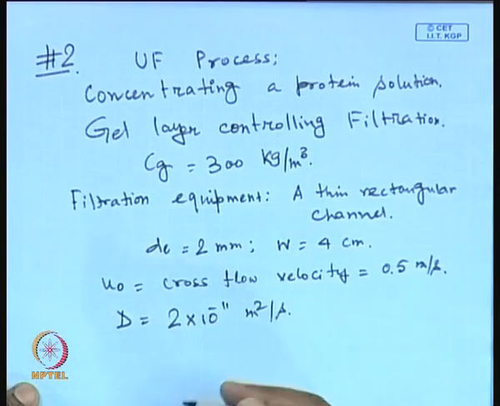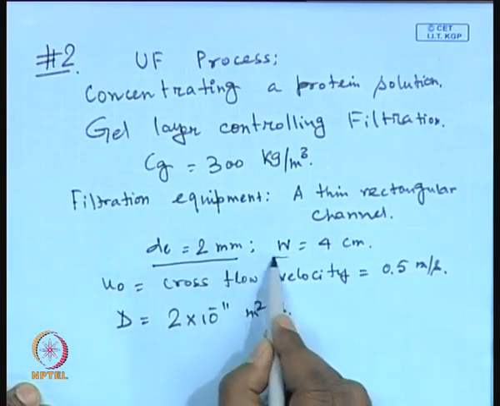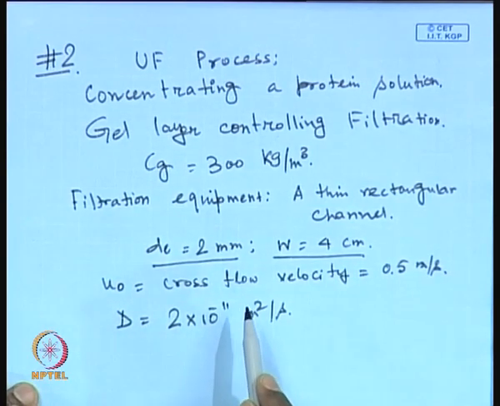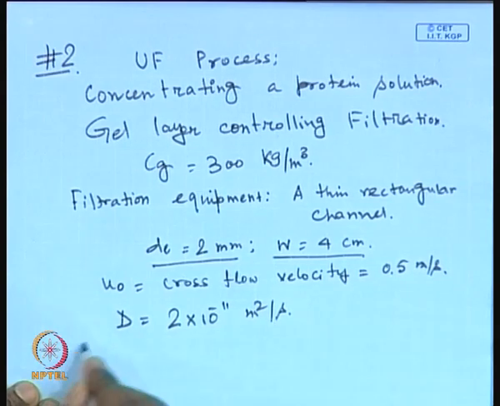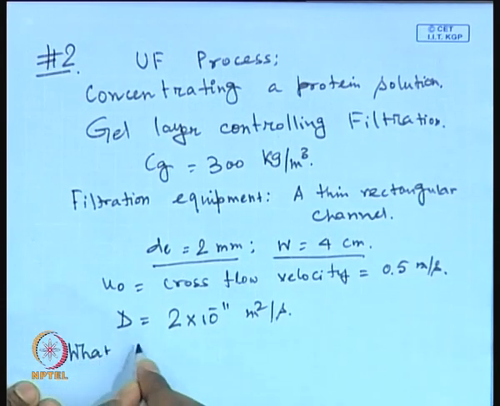In this case, we are going to design the equipment. What is the other design parameter required? You want to have the length of the channel. So, what is the length of the channel?